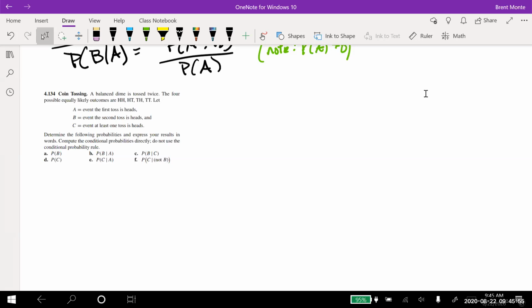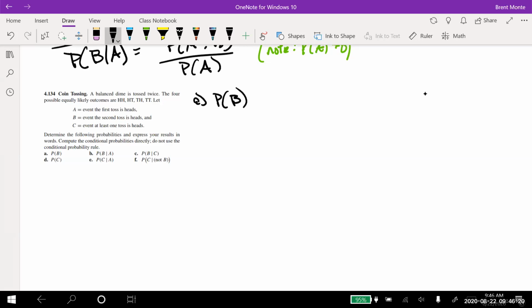So they don't want us to use that rule we just talked about. They just want us to find the probability directly, and we're just using F over N. That's our basic fundamental property of finding probabilities. Okay, so the probability of B: what's the probability the second toss is a heads?